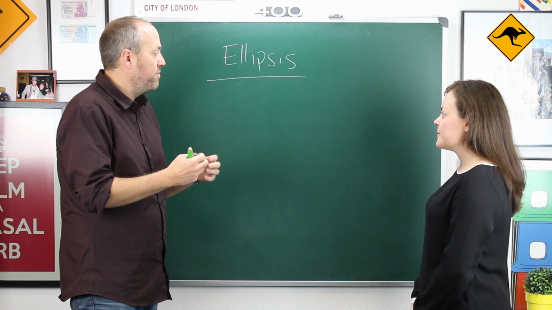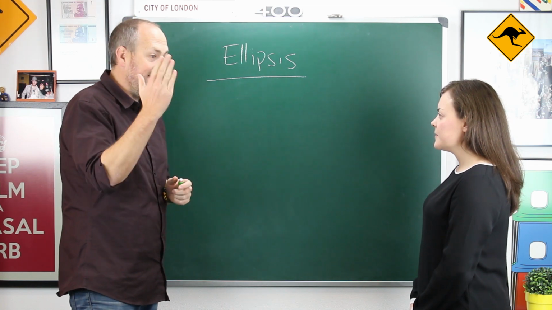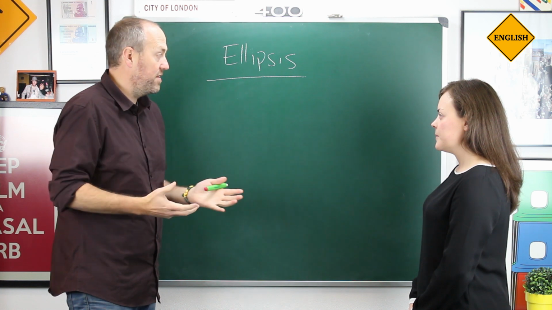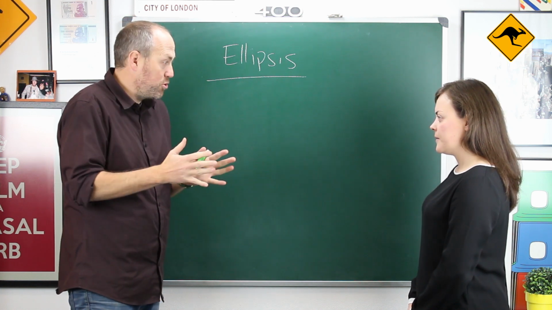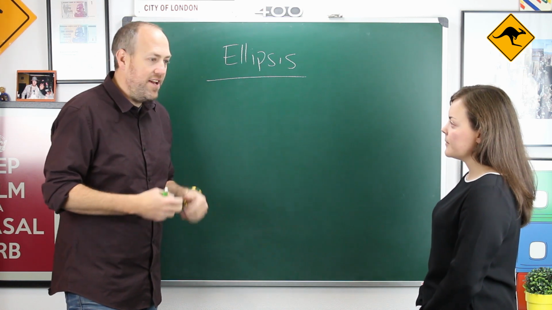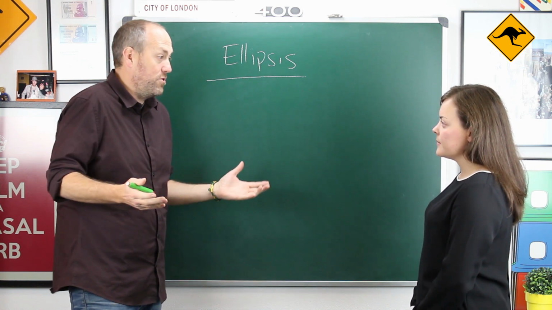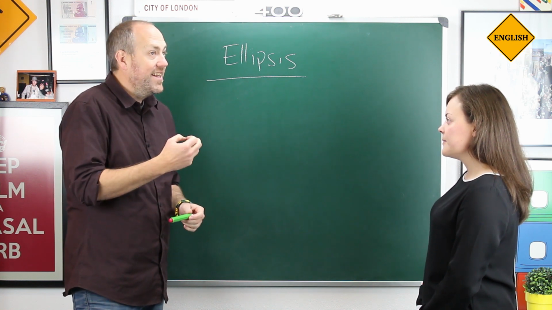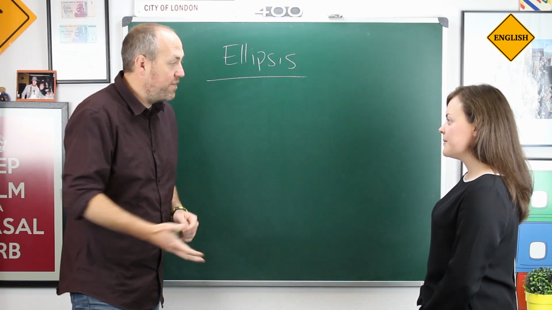Ellipsis is basically when we delete or remove words from sentences to make them shorter. And this is a very natural and normal part of most languages, Spanish, English, and actually it doesn't make it more difficult to understand.